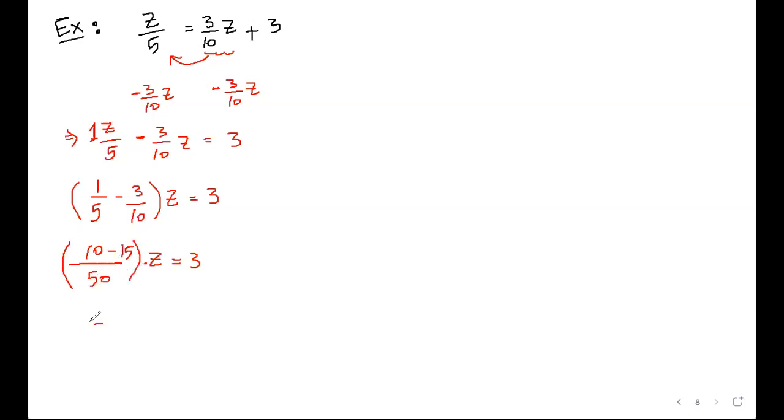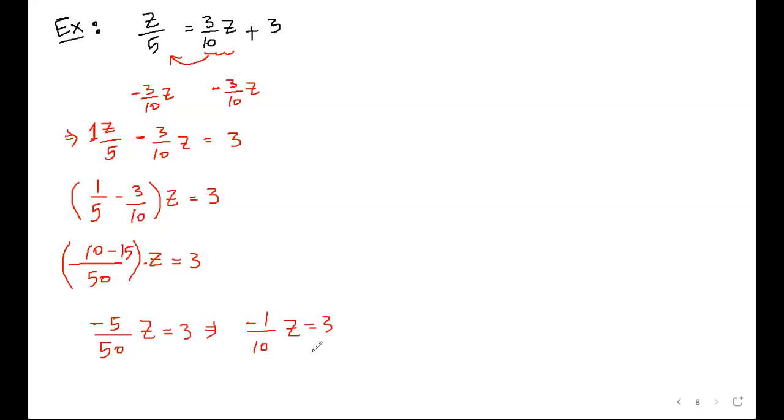So I get here negative 5 over 50 times z equal 3. I can simplify the 5 with the 50. What does that give me? 1 over what? Simplifying this fraction, isn't it negative 1 over 10? Negative 1 over 10 times z equal 3.